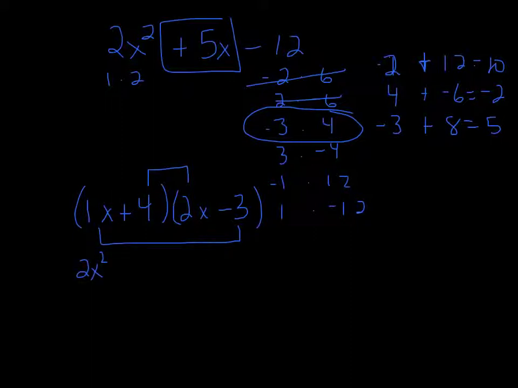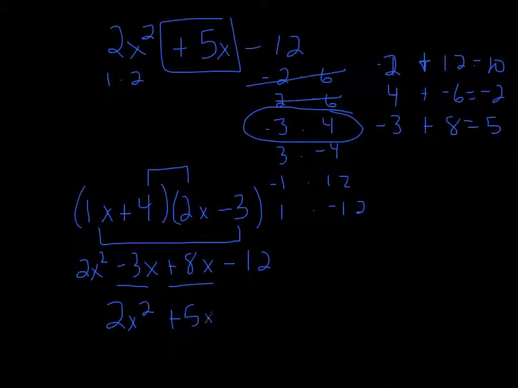Then 1x times negative 3 is negative 3x. 4 times 2x will give you plus 8x. And 4 times negative 3 will give you negative 12. Combine your like terms. 2x squared plus 5x minus 12. And that's what we started with, so we're good.